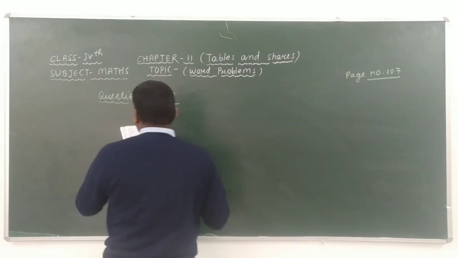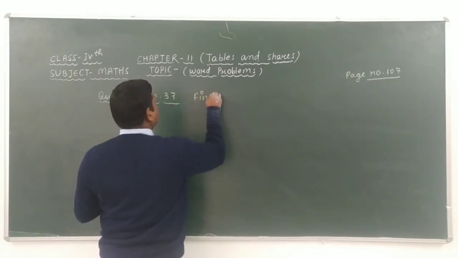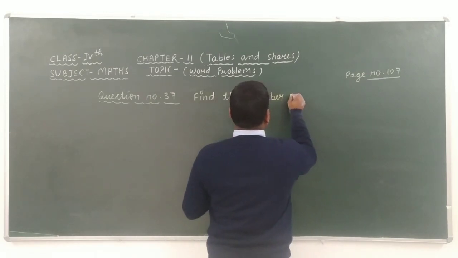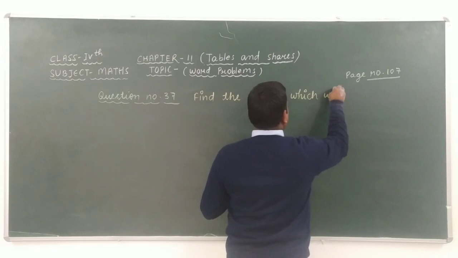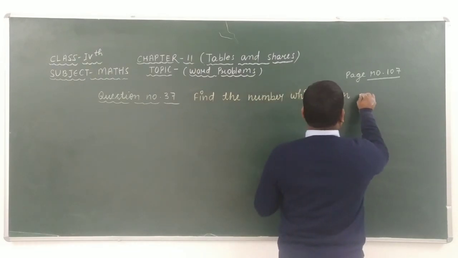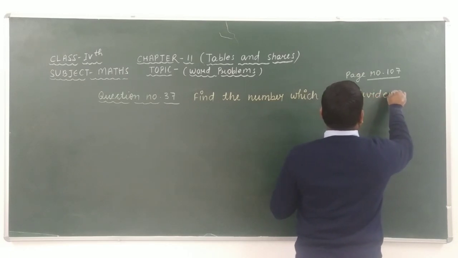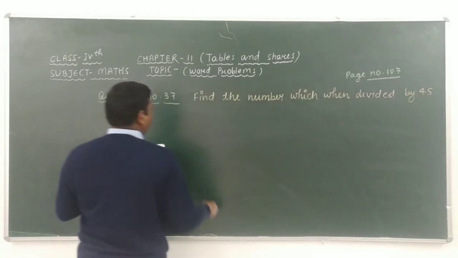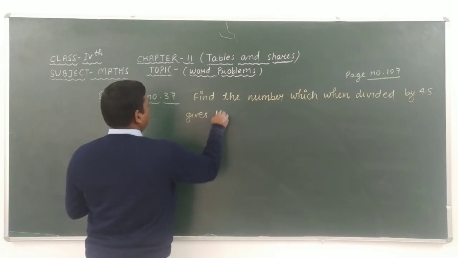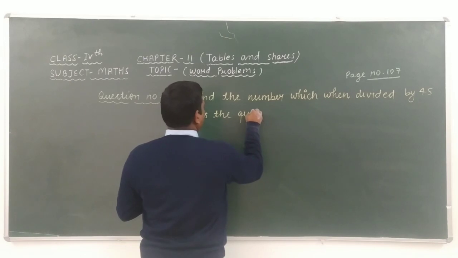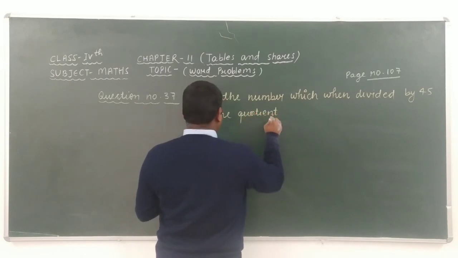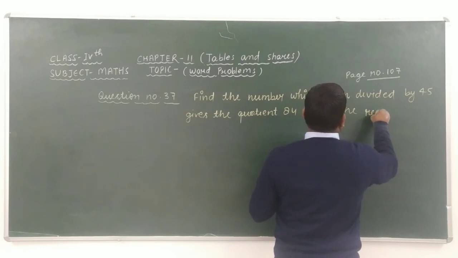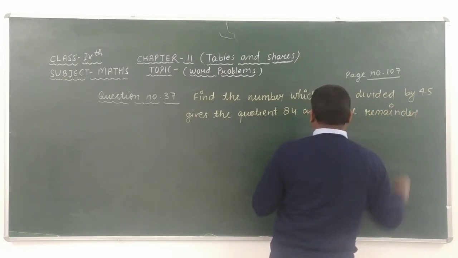Question number 37 is: find the number which when divided by 45 gives the quotient 84 and the remainder is 20.